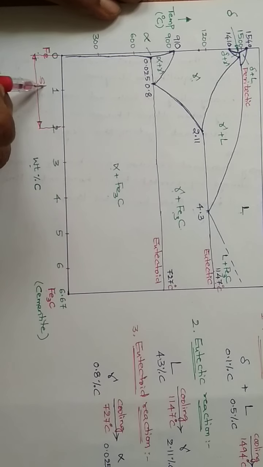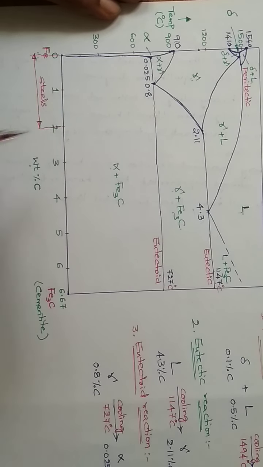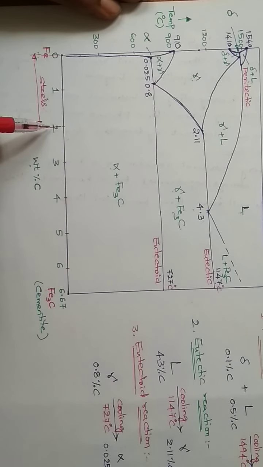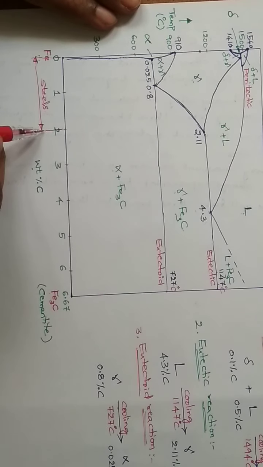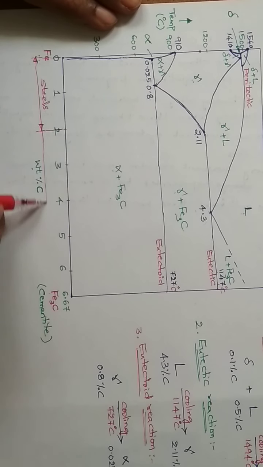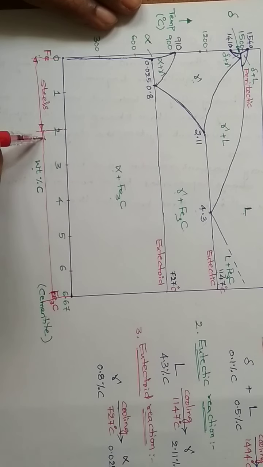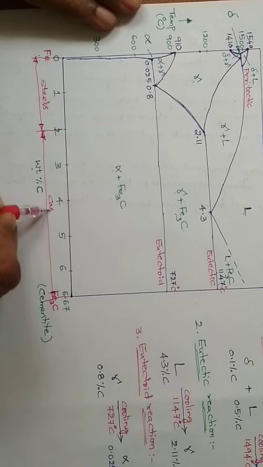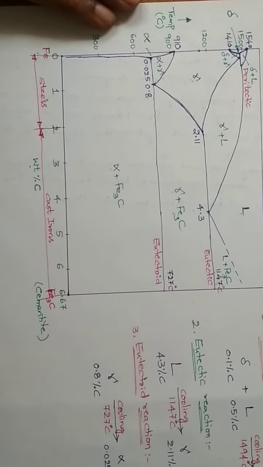So these are your steels. Okay, so steels are basically alloys of iron and carbon in which the percentage of carbon is less than 2%. Okay, and in this region, if the percentage of carbon is more than 2, these alloys of iron and carbon are called cast irons.